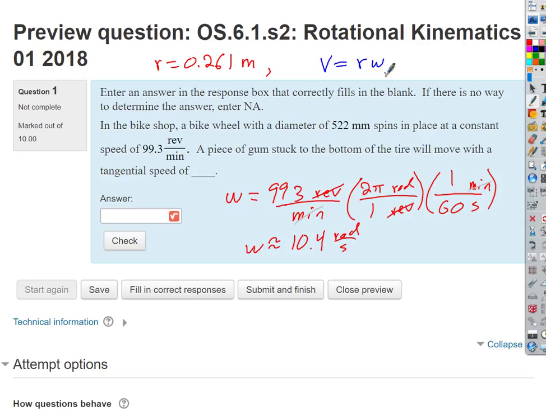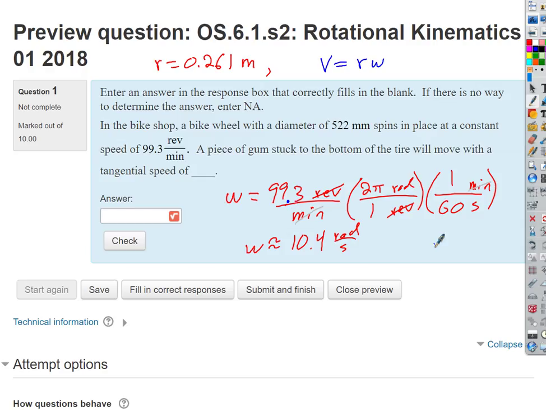So what do we get then? In the calculator, if we multiply 993 times your calculator number, 10.4, what do you get? We're going to multiply this by the radius.